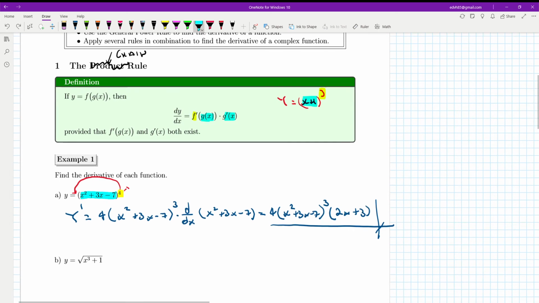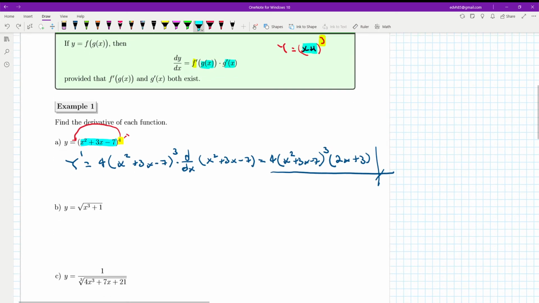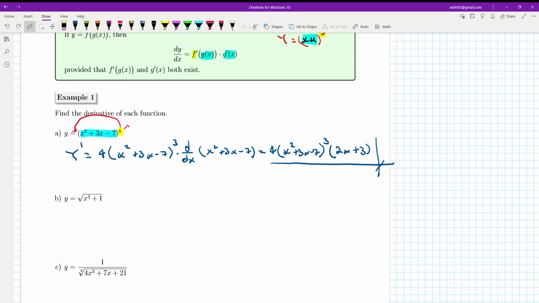All right, let's look at letter B. For letter B, we have a radical function that we need to rewrite in terms of rational exponents. To get y prime, again, have this 1/2 jump in the front, subtract 1, and then multiply by the derivative of the inside, just the same way we did in the previous example.